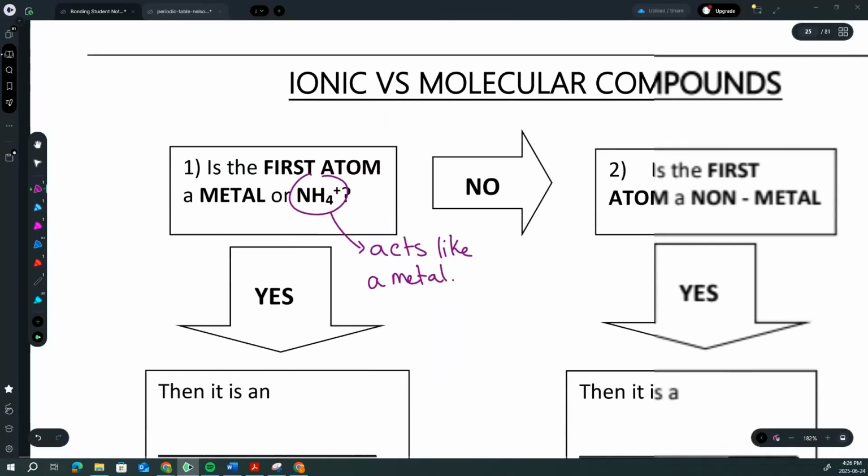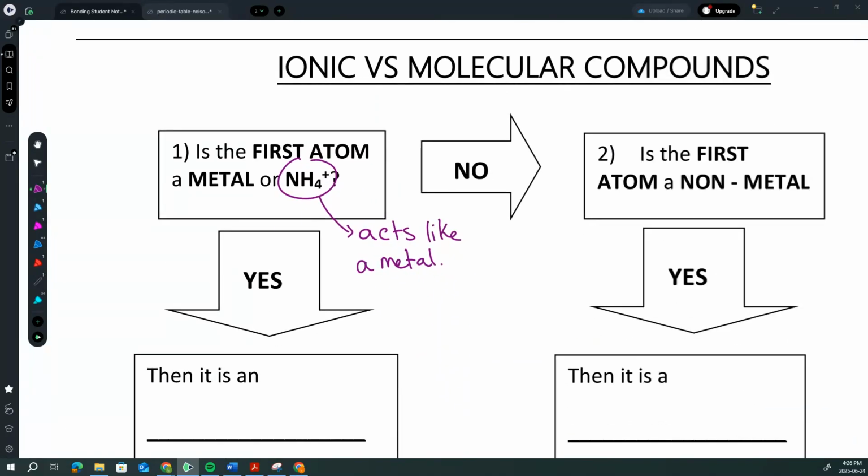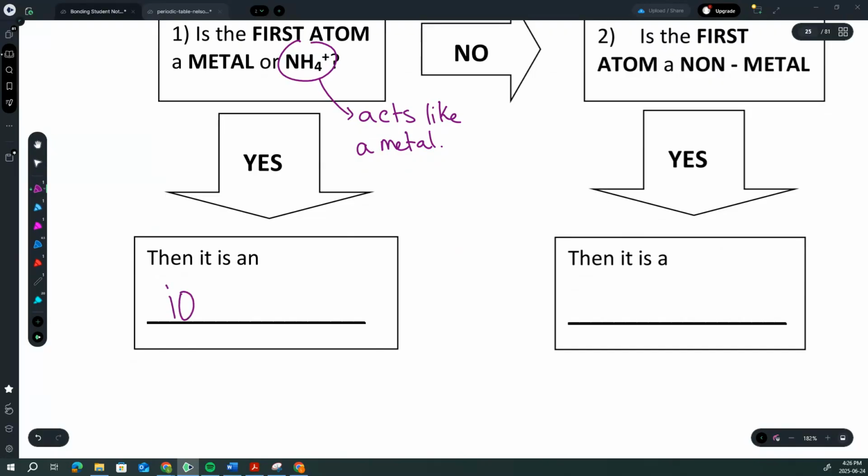Okay, so if the first atom is a metal or NH4, or you could even say, if the first atom is a cation, then it's going to be an ionic compound.